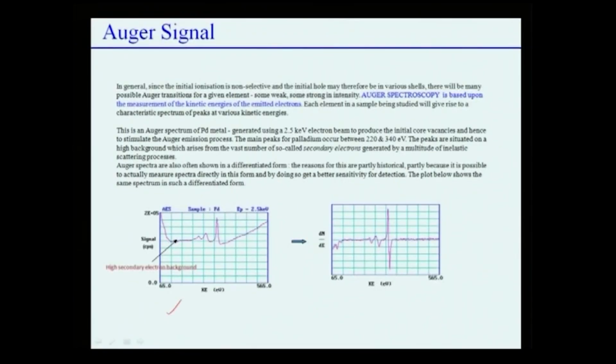You can see here there is a high background because of the secondary electrons, and these are the peaks which are coming out, between 220 and 340. But whenever we take a derivative of this signal with respect to the energy, dN by dE, we get a smoother background and the peaks can be seen very nicely. That is what is normally used in AES. This one is not used in AES.